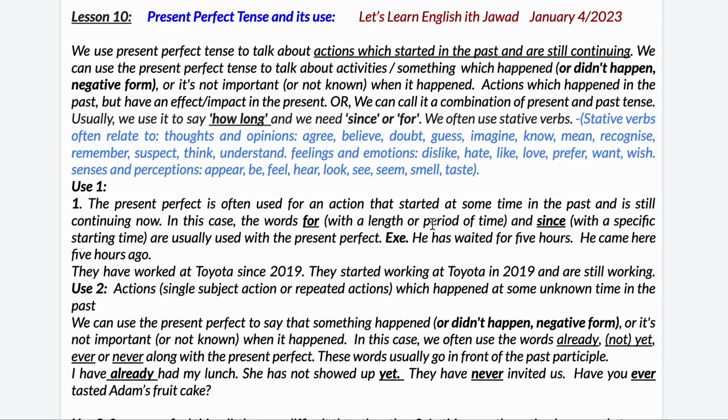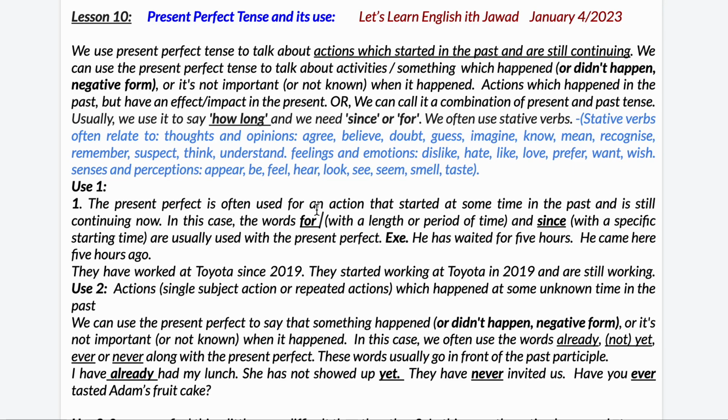When we talk about something that started at some point in time in the past and is still continuing now, we usually use for, with a length or period of time. Let's say for 4 years, for 2 months, for 5 days, for 10 minutes, for 2 centuries, stuff like that.